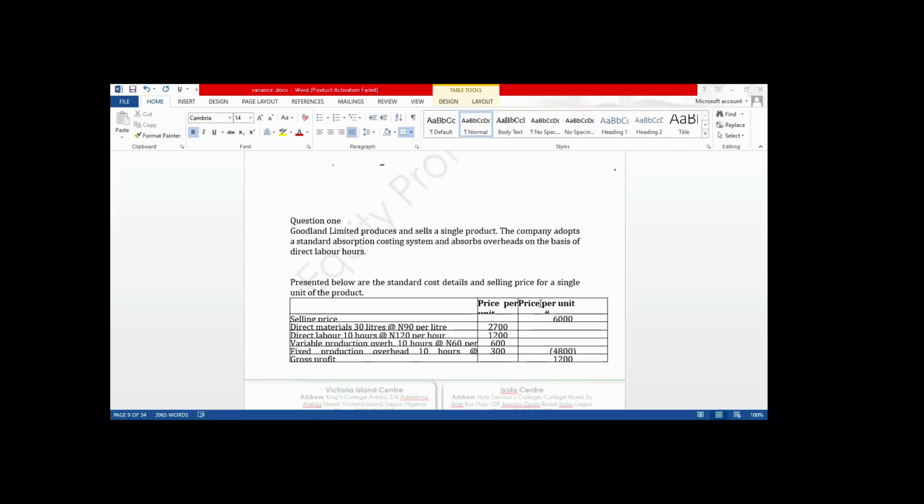Question 1. I'm not 100% sure of the page. Let me even check here where we have variance.